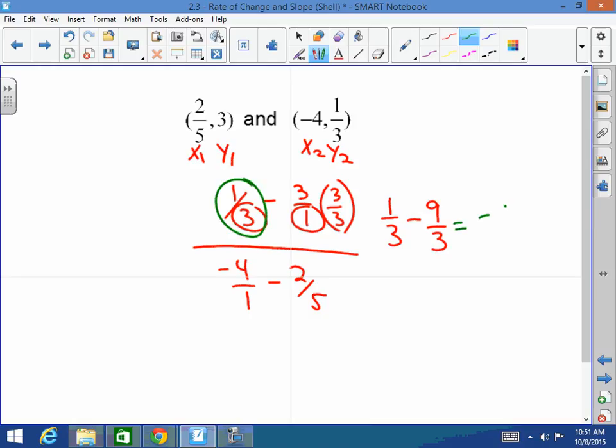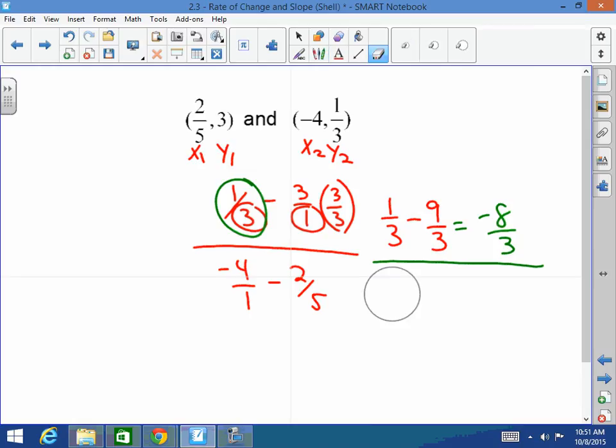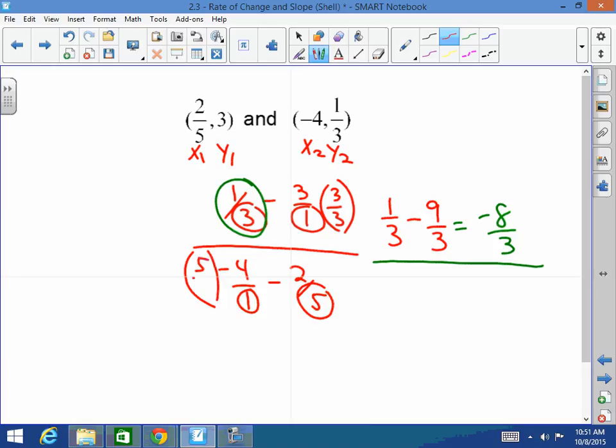So this becomes negative 8/3 over negative 4 over 1 minus 2/5. I want 5 to be the common denominator, so I'm going to multiply 5 to both top and bottom. So that gives me negative 20 over 5 minus 2/5, which gives me negative 22/5.